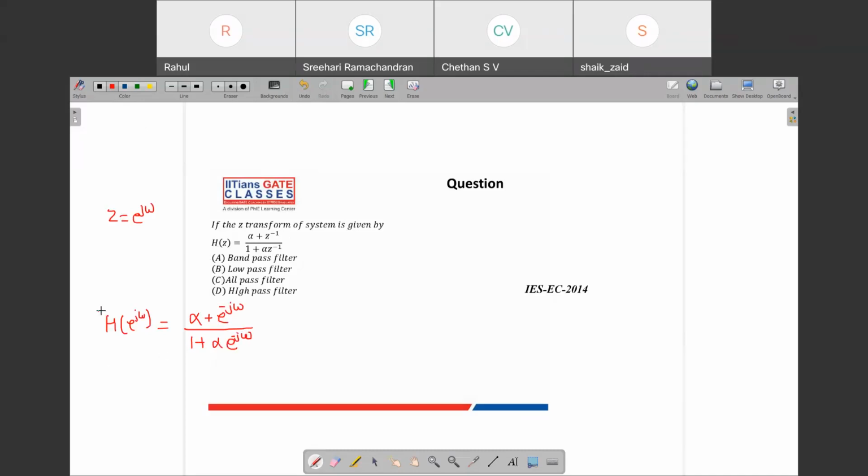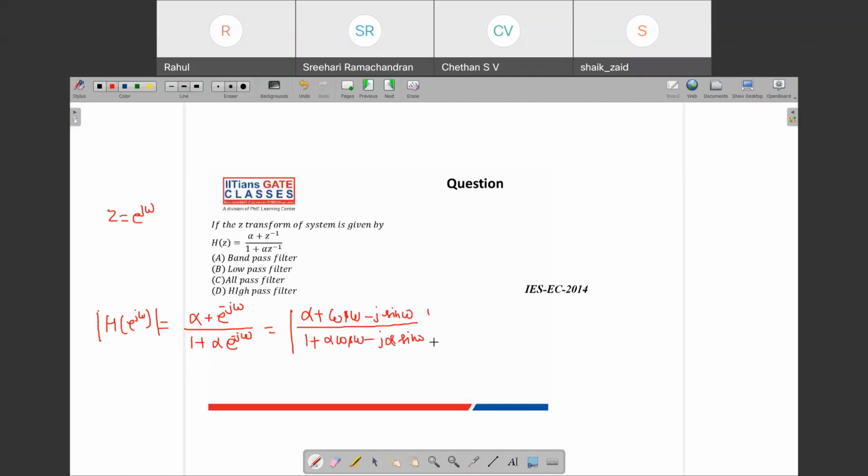To find out what kind of filter it is, I need to take the magnitude and see how it looks. So I will just expand this. The numerator will become 1 plus cos omega minus j sine omega, and the denominator will be 1 plus alpha cos omega minus j alpha sine omega.